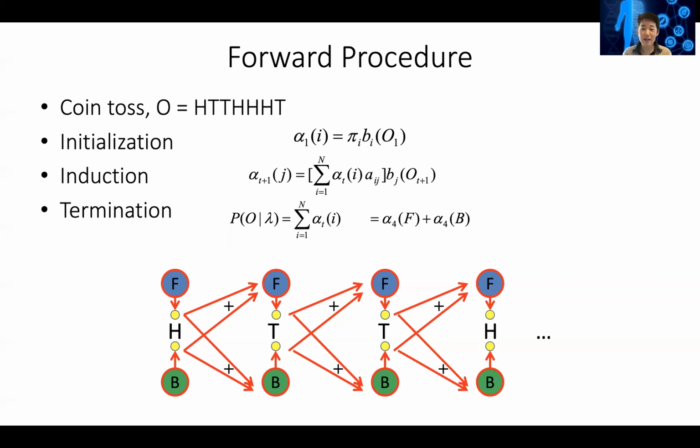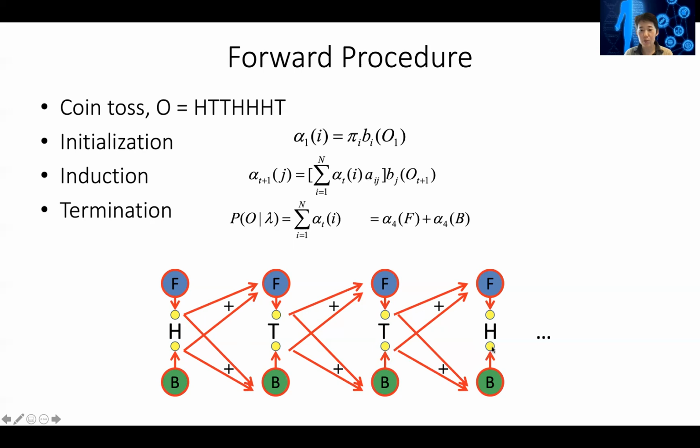At the very end, if we reach the end of the 300, we say, well, what is the final probability of observing this particular string of coin flips? Supposedly we only end at 4. At the end, I just need to make sure that the probability of getting all the coin flips is already here, and the final coin flip I'm getting is a head, but that can come either from the fair coin or coming from the bias coin.